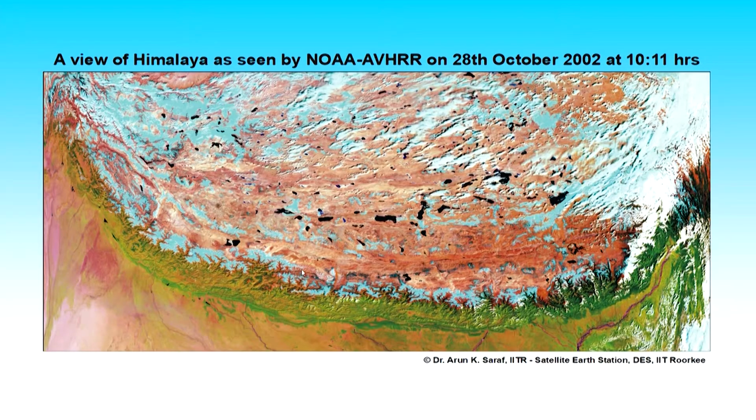This is an example of an image acquired by our own earth station, NOAA AVHRR data of 28 October 2002. This is not a mosaic, just one swath image, and it has covered almost 95 or 98% of the Himalaya in just one go.